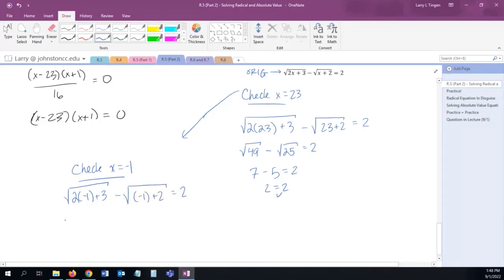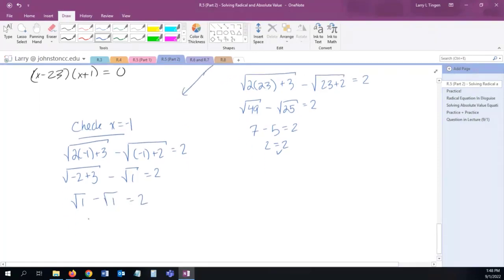You can probably start to feel how this is going to go. 2 times negative 1 is negative 2. Negative 1 plus 2 is 1. Negative 2 plus 3 is the square root of 1. The square root of 1 is 1. The square root of 1 is 1. 1 minus 1 is 0. 0 equals 2. That is not true.